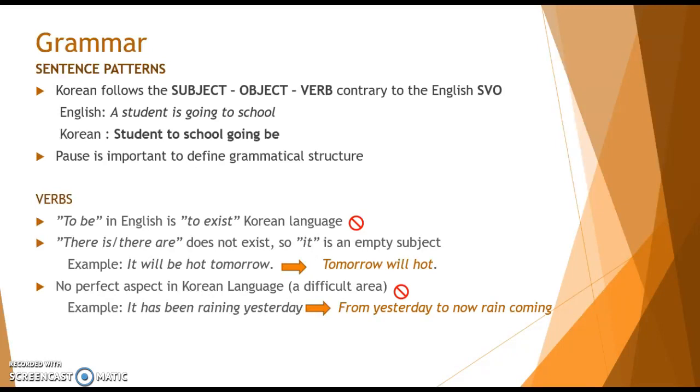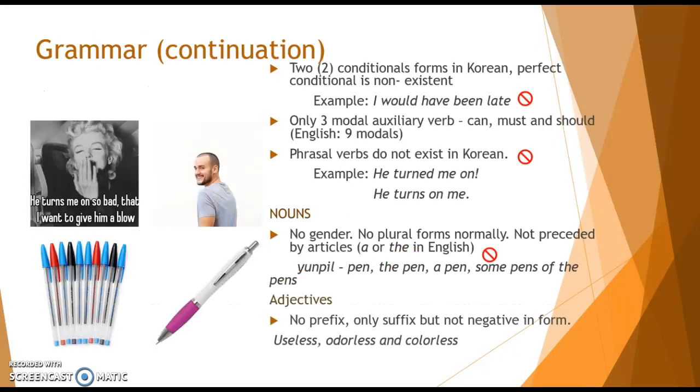Another thing is there is no perfect aspect in the Korean language, and this is also a difficult area. For instance, "it has been raining since yesterday" becomes "from yesterday to now rain coming." There are two conditional forms in Korean, but not the perfect conditional, so it is not existent.